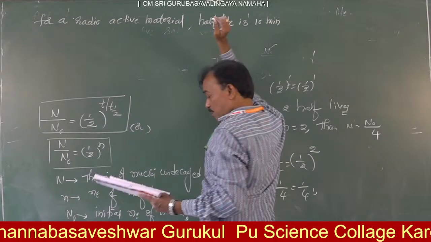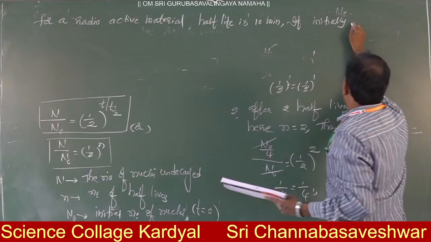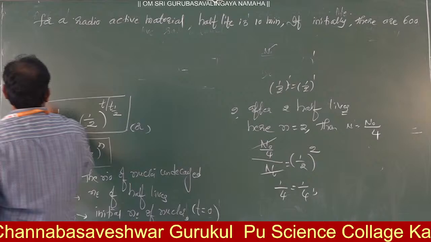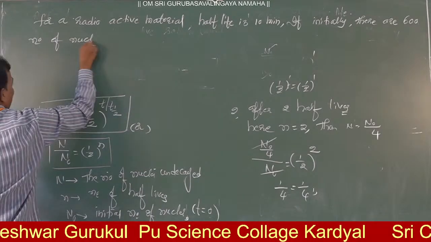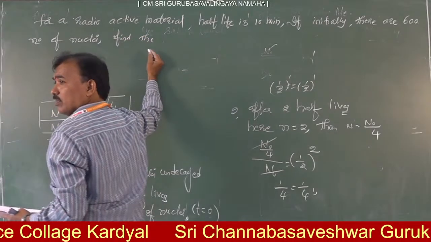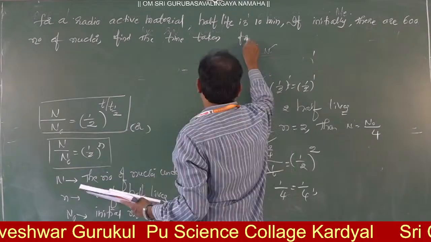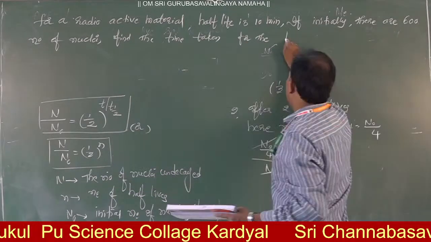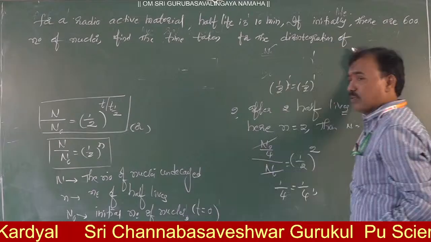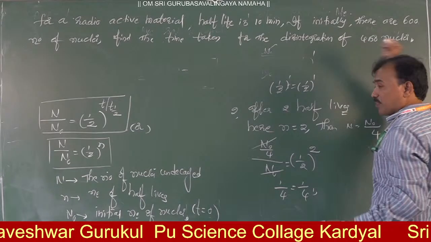If initially there are a number of nuclei, find the time taken for the disintegration of 450 nuclei.